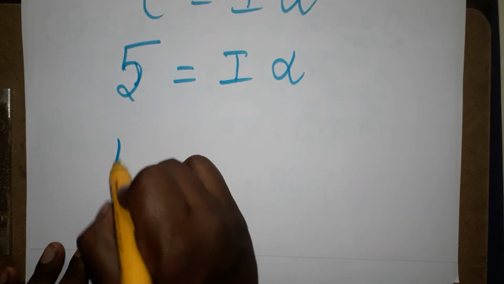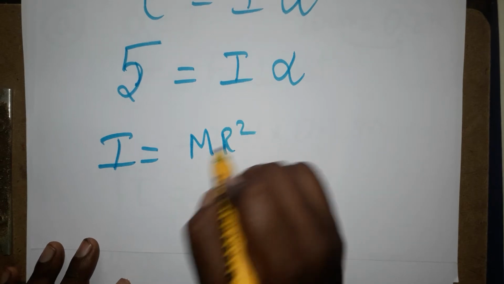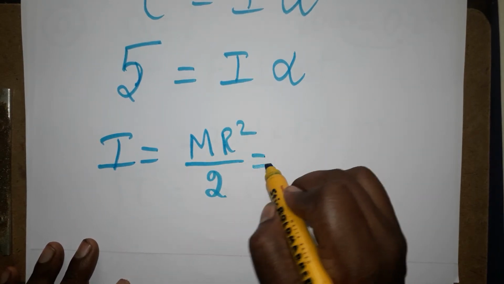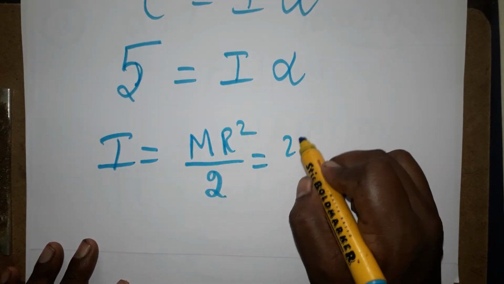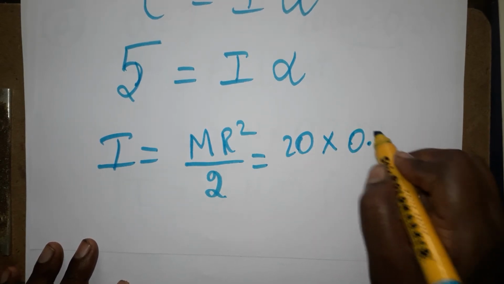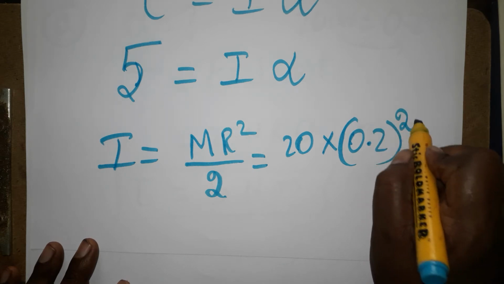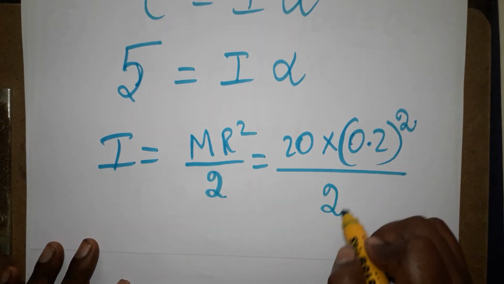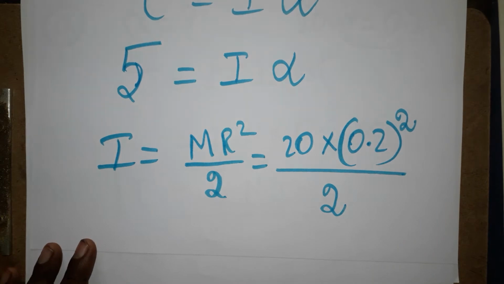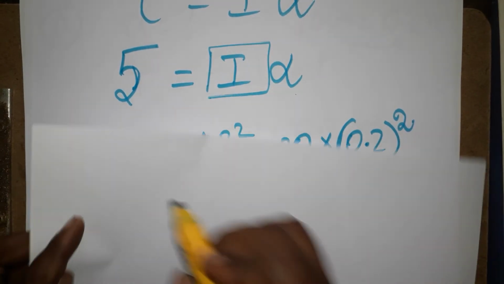The inertia for the cylinder, which is given in the tabular column, is mr square divided by 2. M is the mass of the cylinder, which is 20, and the radius of the cylinder is 20 centimeter, that is 0.2.